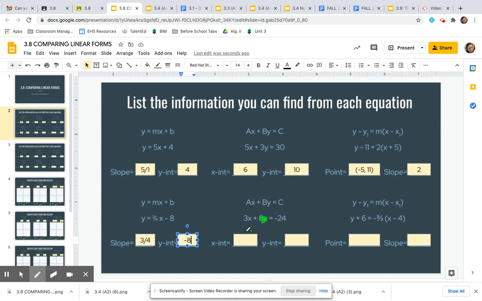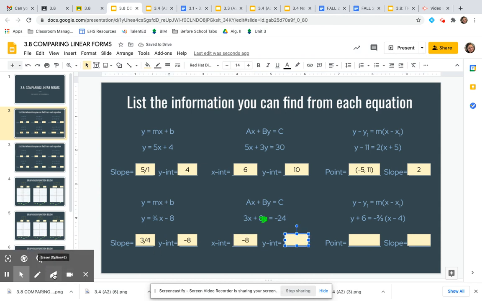So you divide by 3 on both sides, and x would end up being negative 8. And then you would do the same thing for y, where you would cross out the x's, like this, and you would divide by 8 on both sides. And negative 24 divided by 8 is negative 3.